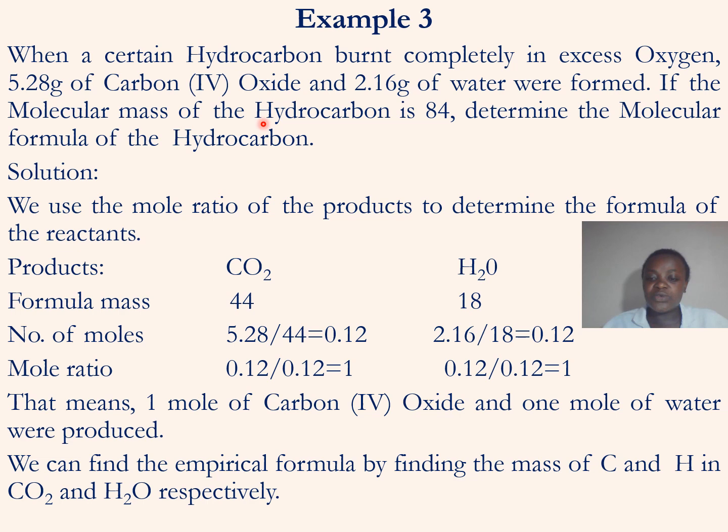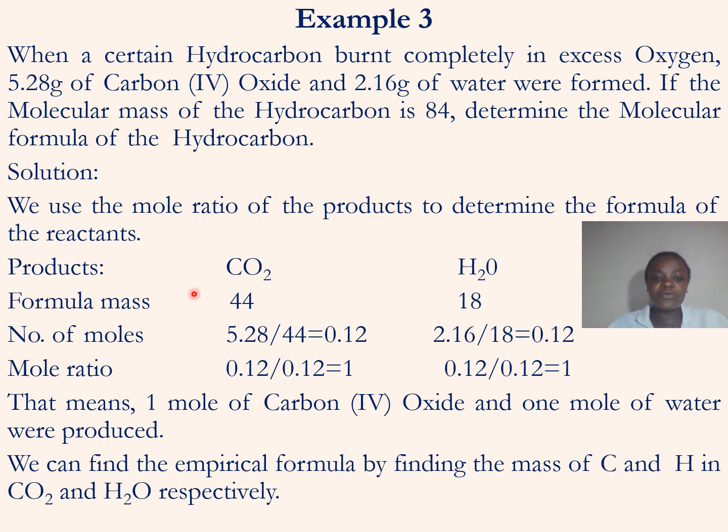So we need to use the products to get the reactants, which will give us the empirical formula, leading us to the molecular formula. So now, using the products, we are going to get the ratios in which these products were formed.